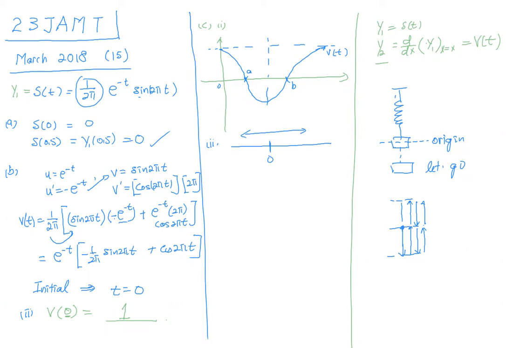Are you clear? So it's moving to the left. So it's moving from here to here, the object, when the velocity is negative, until here. So it stopped.